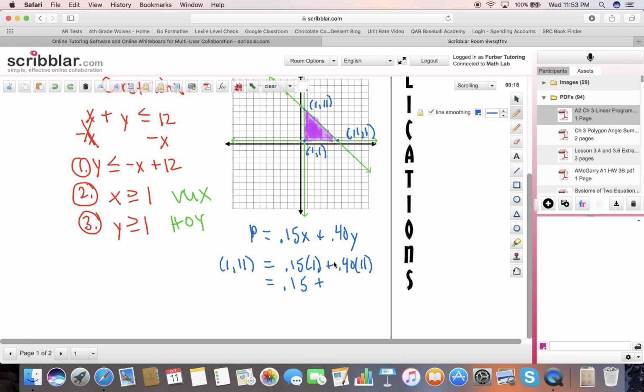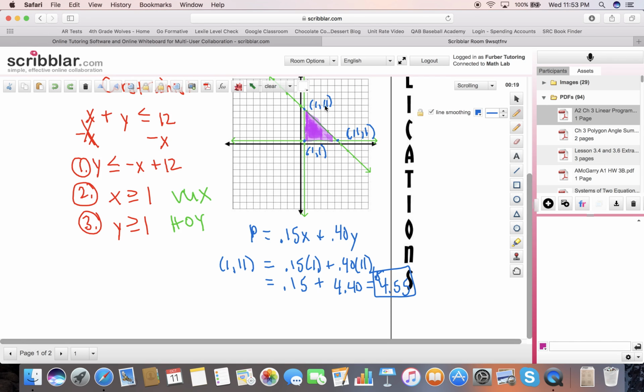Now the 0.40 times 11, that's going to give you $4.40. So altogether, when I add 4.40 plus 15 cents, that's going to give me $4.55. That's the profit he would make off of donuts that are made by buying 1 glaze and 11 jelly.